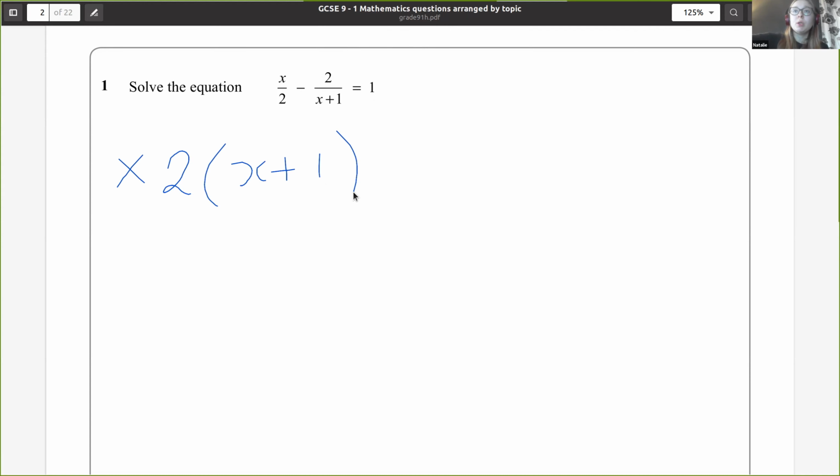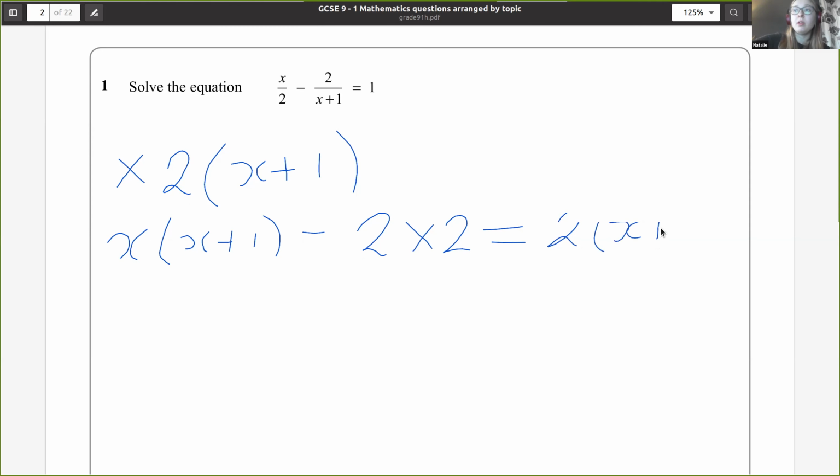x over 2 times 2x plus 1, well, the 2's are going to cancel. So I'm going to get x plus 1 minus, the x plus 1's are going to cancel on the second fraction. So I've got 2 times 2 is equal to 1 times 2x plus 1.